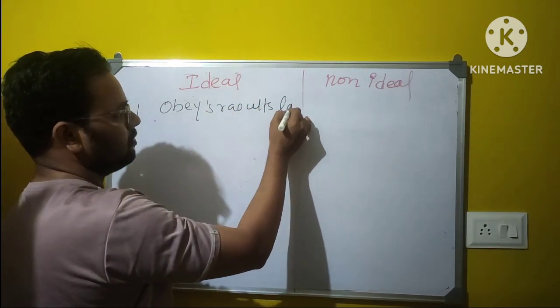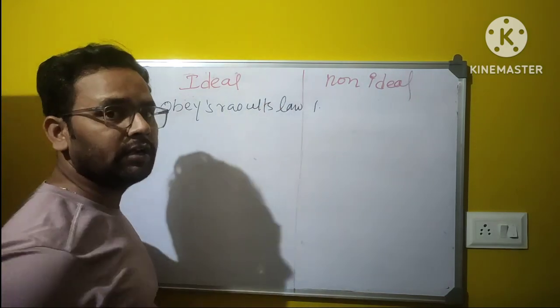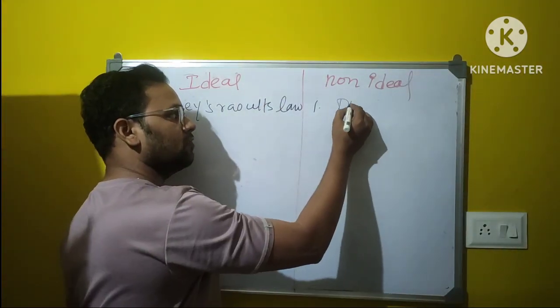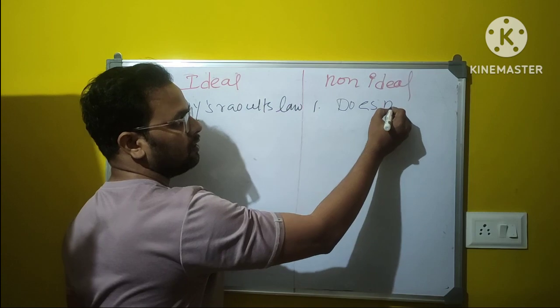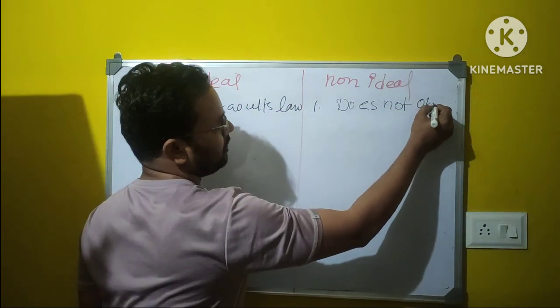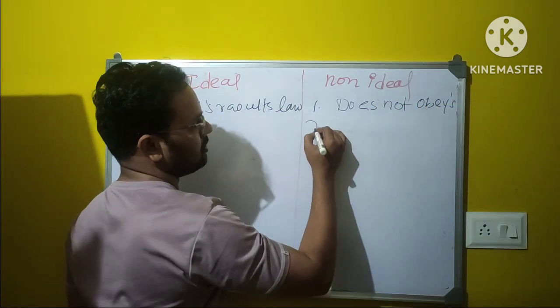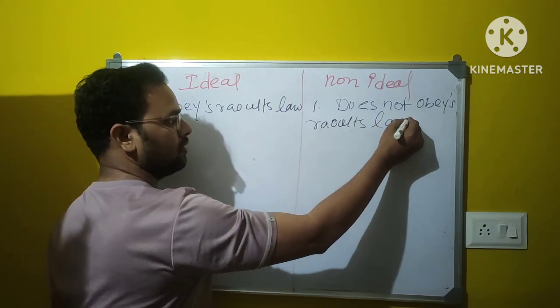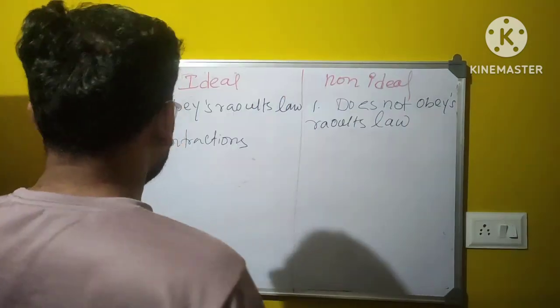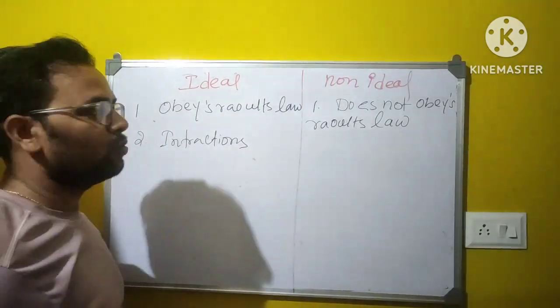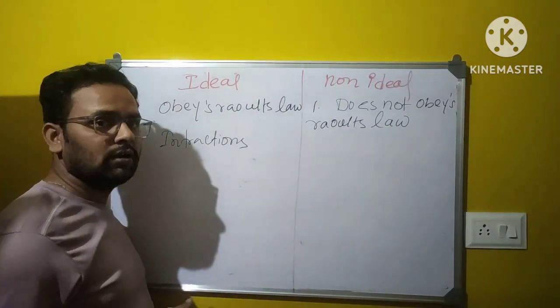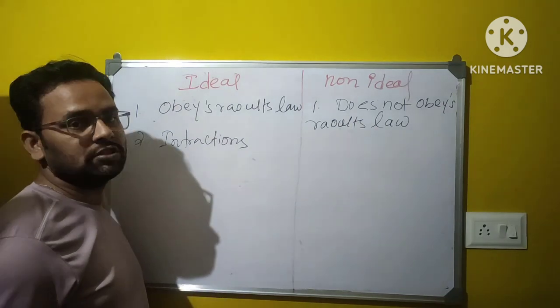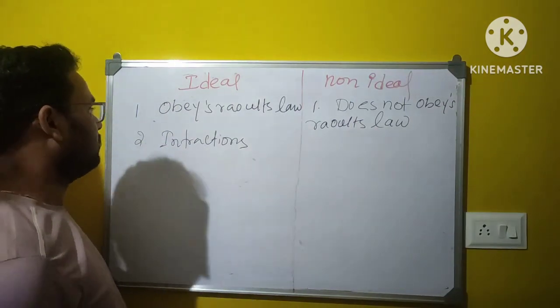Ideal solutions are the solutions which obey Raoult's law. Non-ideal solutions are the solutions which do not obey Raoult's law.